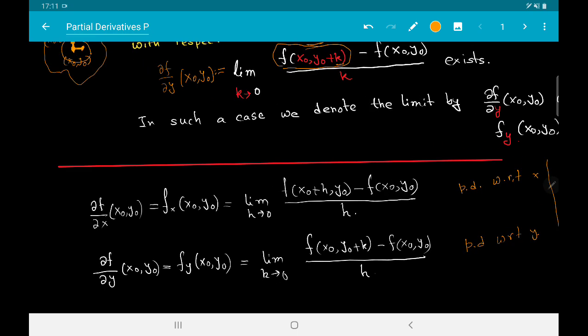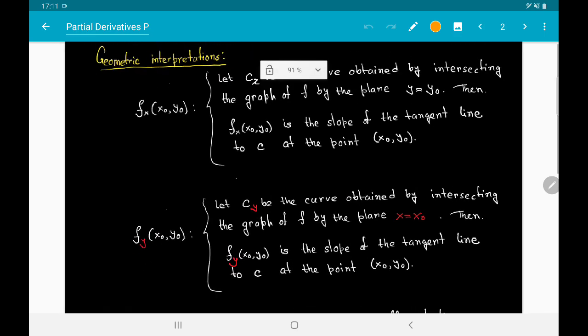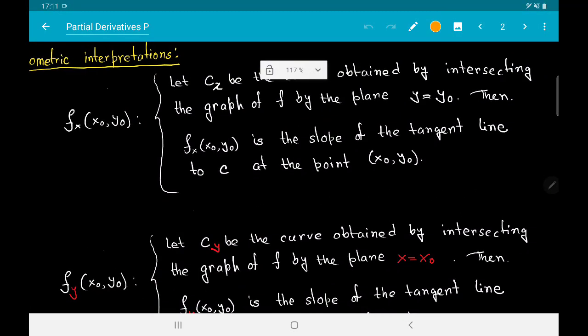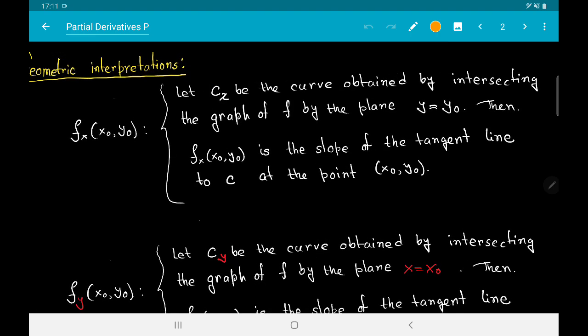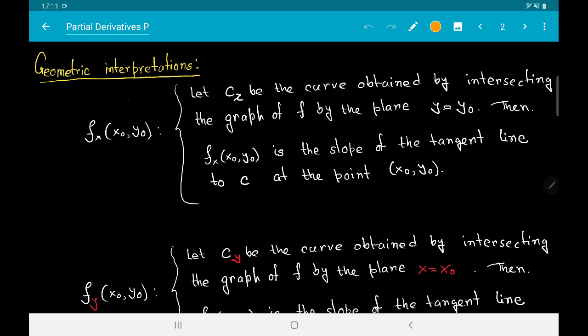So let us proceed. What are the possible geometric interpretations? You have seen that differentiation in one variable calculus corresponded to what is known as the slope of a tangent line to the curve C at the point x0, y0.